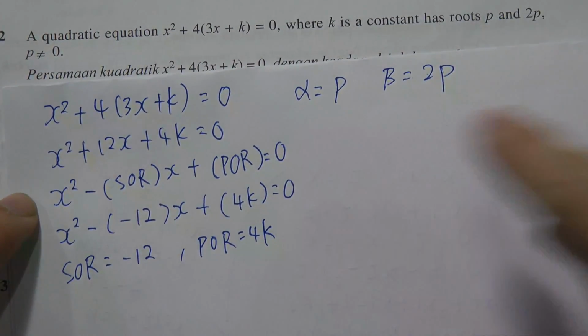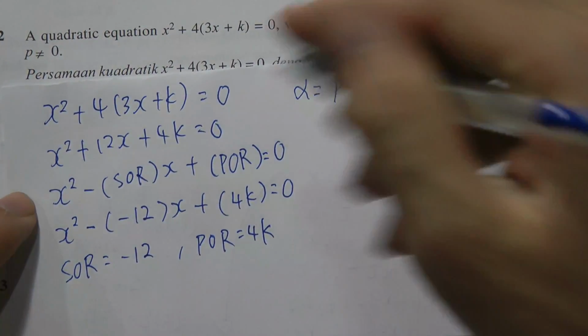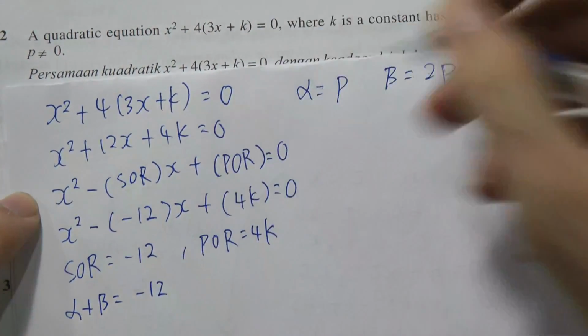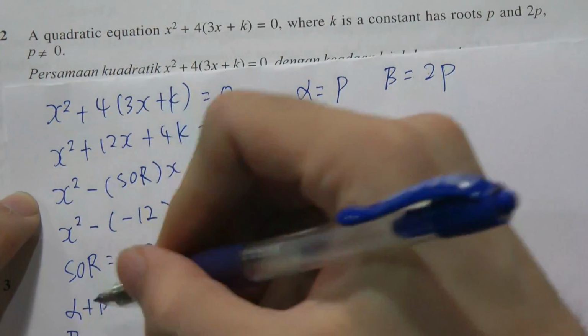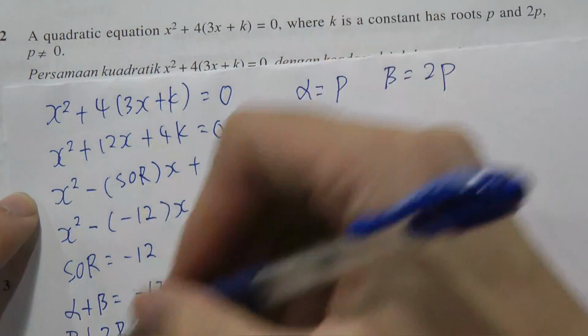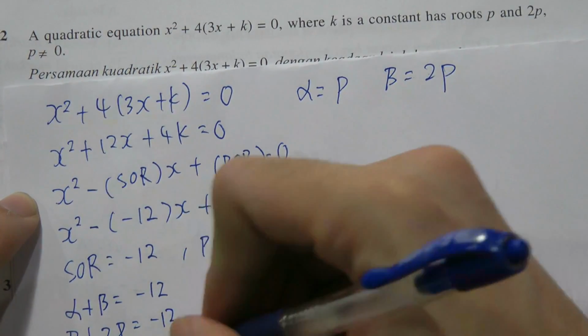Now, sum of roots, alpha plus beta, we call the sum of roots. So alpha plus beta, we will get negative 12. So alpha equal to p plus beta equal to 2p will equal to negative 12. Therefore 3p will equal to negative 12 and p will equal to negative 4.